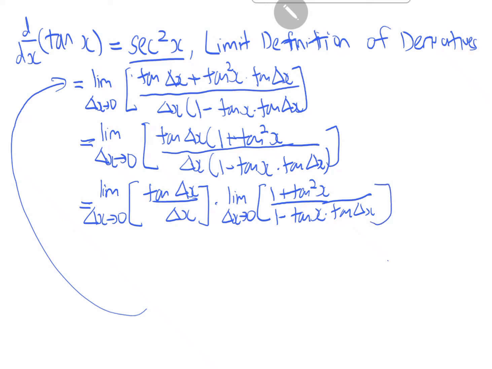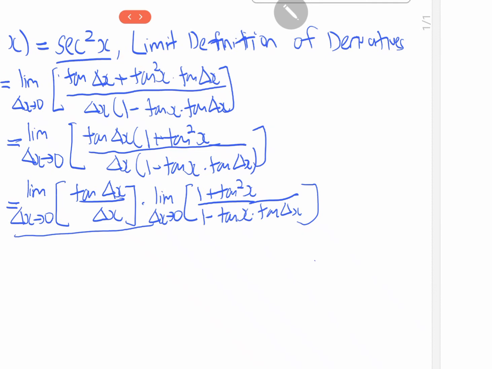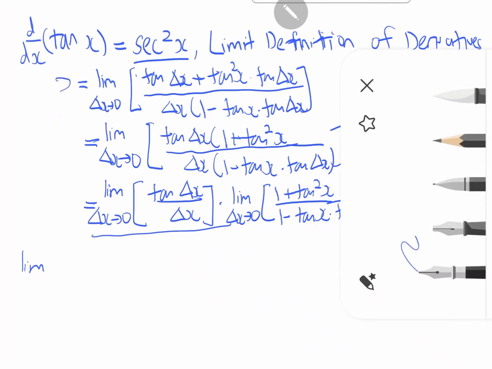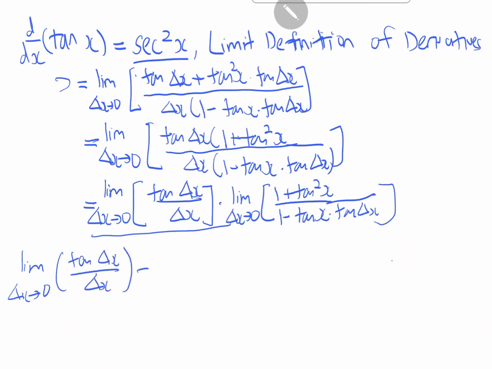So now let's find this one first. So the limit as delta x goes to 0 of tangent delta x over delta x. We will explain it in terms of sine and cosine so that we can plug in our trigo limit formula for sine and cosine.